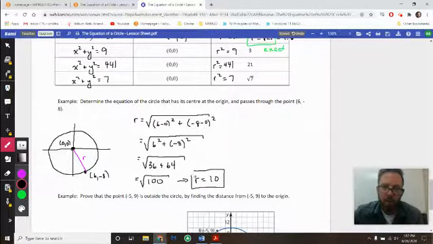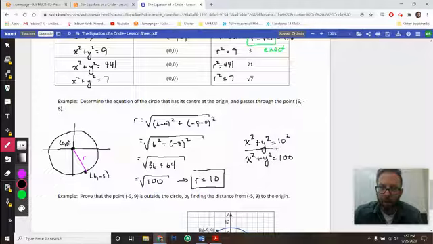So if we know the radius, just like the table above, we can state the equation of the circle. x squared plus y squared equals 10 squared, or x squared plus y squared equals 100. We would just write it this way. I just wrote the 10 squared as a bit of an extra help.